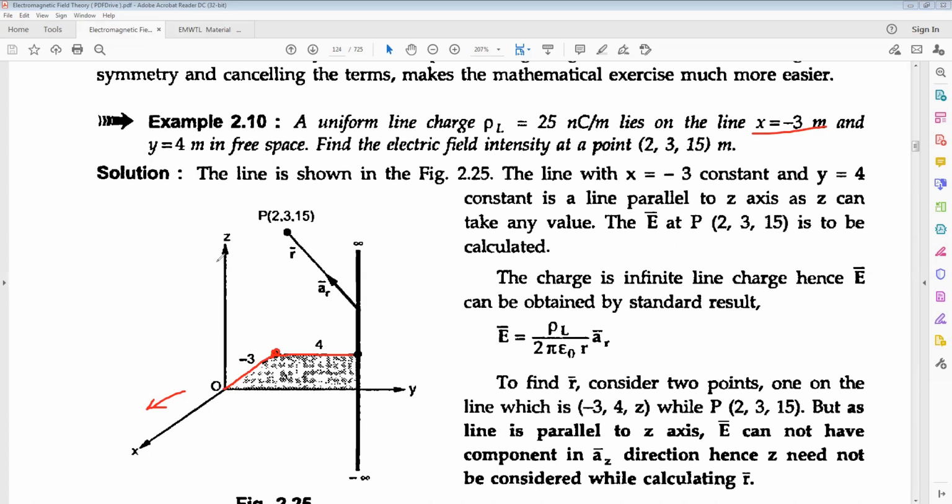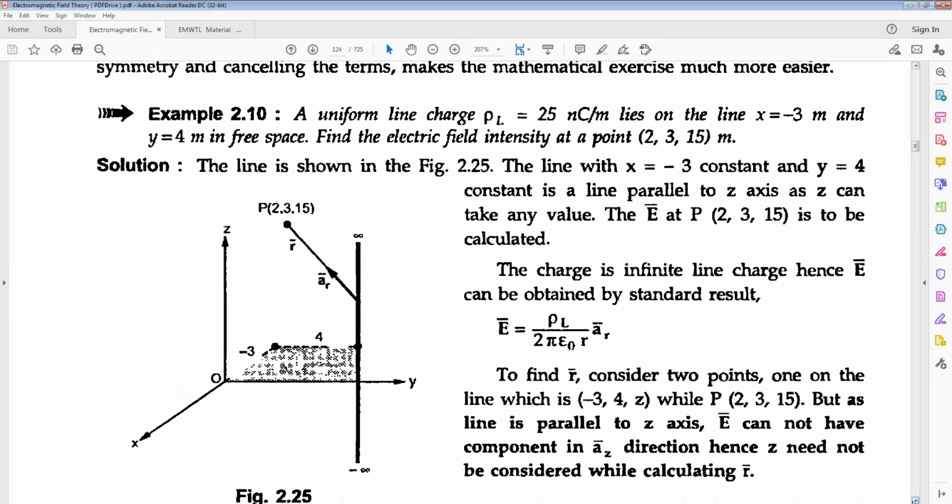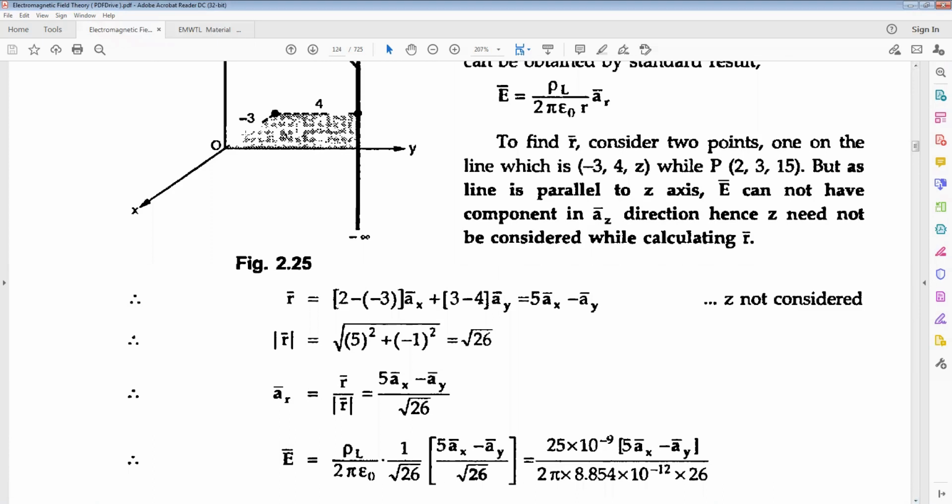We already proved that for a uniform line charge distributed on the z-axis, E bar is equal to rho L by 2 pi epsilon naught r into AR bar. To find the R bar component, minus 3, 4 is given. We can eliminate the Z component because the charge is uniformly distributed along the z-axis.